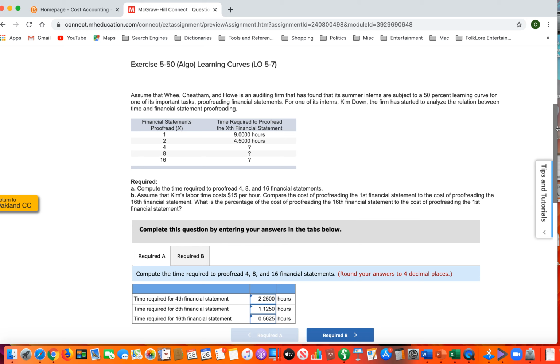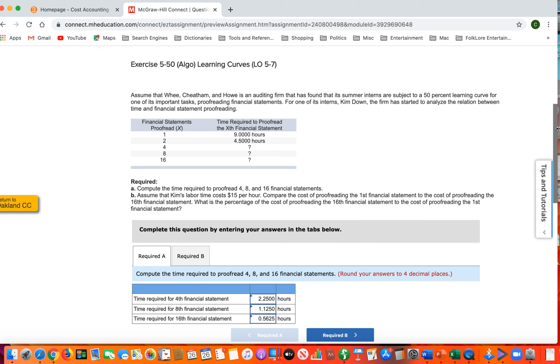Now, if they're being paid $15 an hour, what is the percentage of the cost of proofreading the 16th to the first one? It's a ratio.